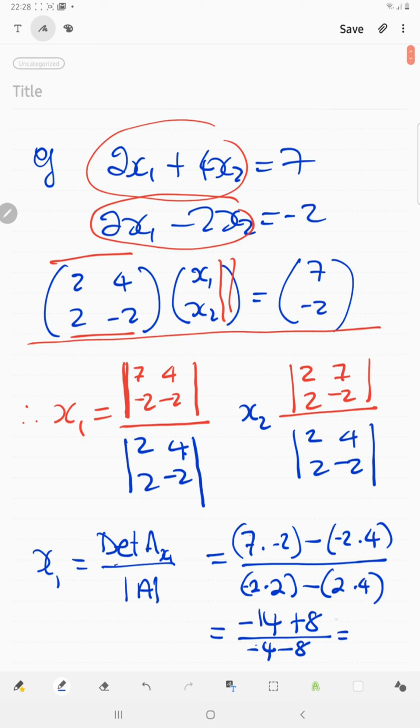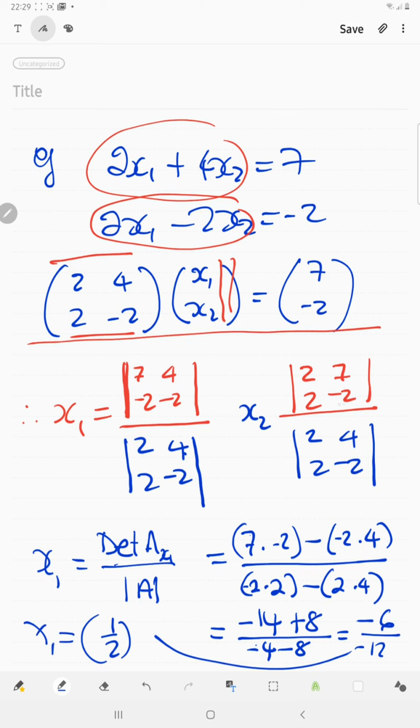When you simplify you get negative 6 over negative 12, so that x1 is equal to a half.